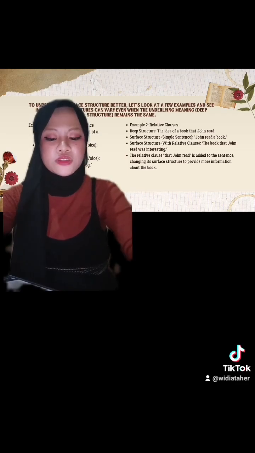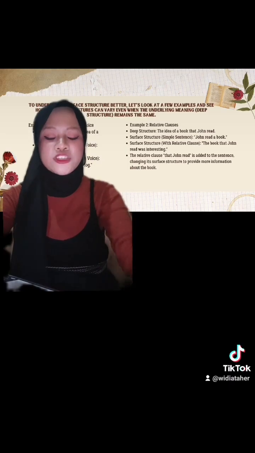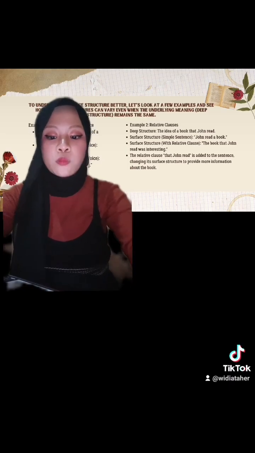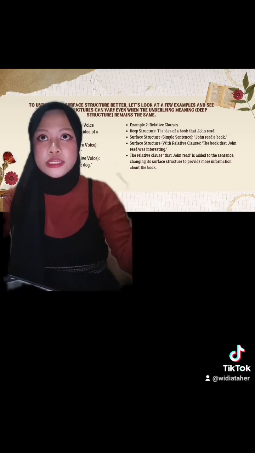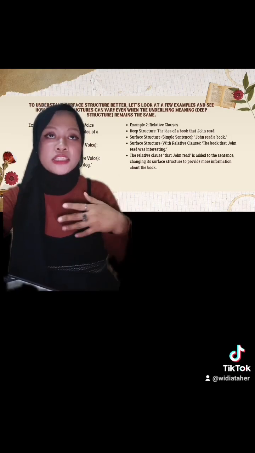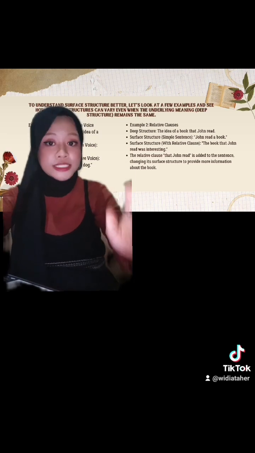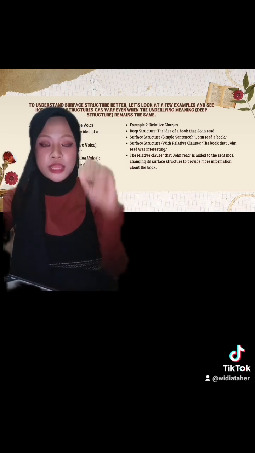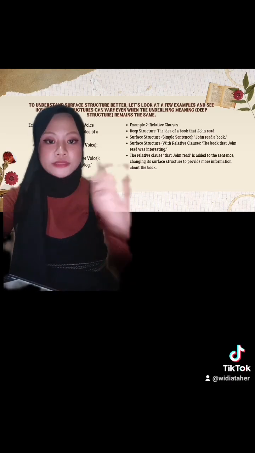The relative clause "that John read" is added to the sentence, changing its surface structure to provide more information about the book. So, it explains that the book read by John is interesting. This is why there is a surface structure.